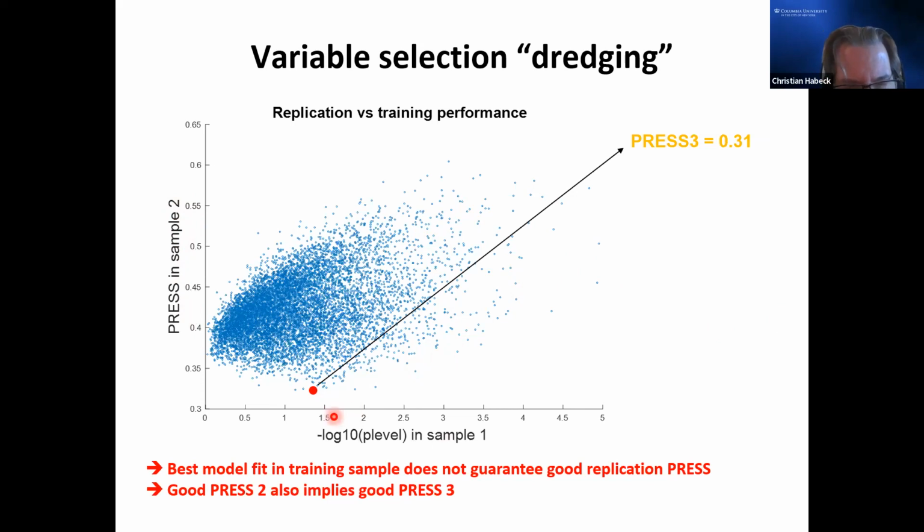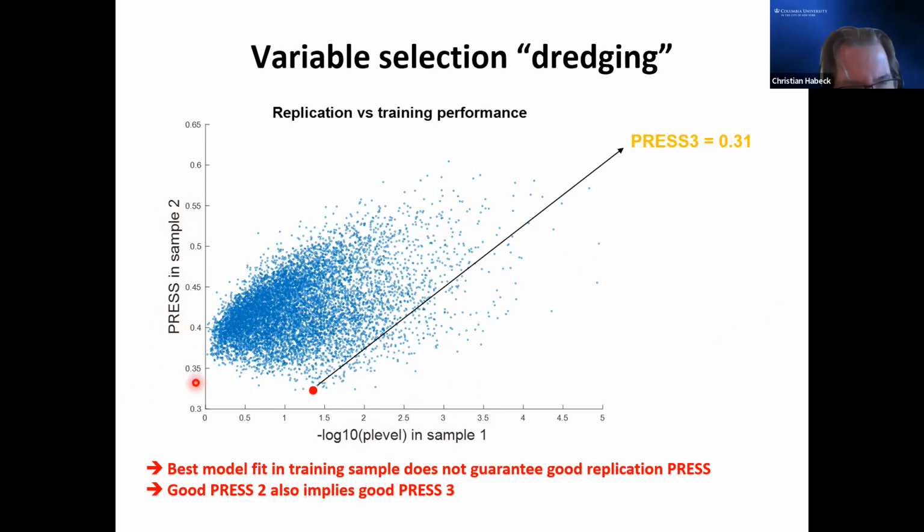But you can see you want this value to be high, right? We want the p-level to be low, meaning the logarithmic p-level should be high, right? And here is my predictive residual sum of squares, right? This value should ideally be low, in the replication sample. We want the residuals to be small.